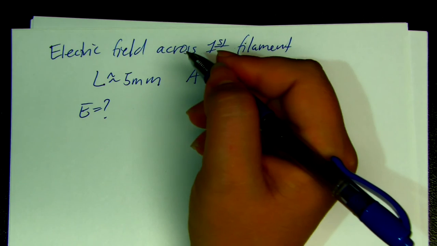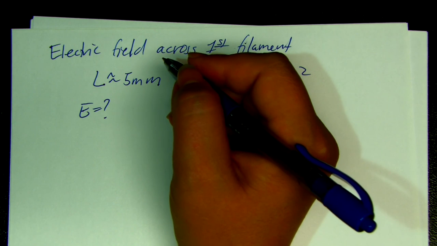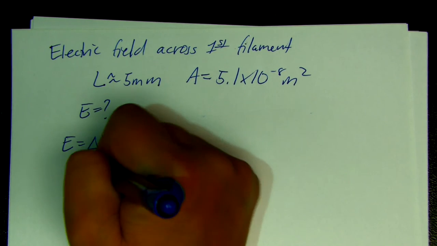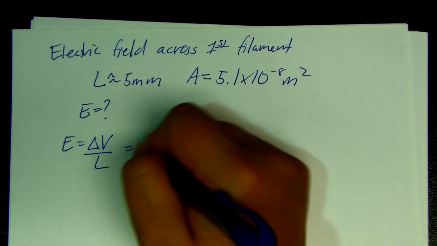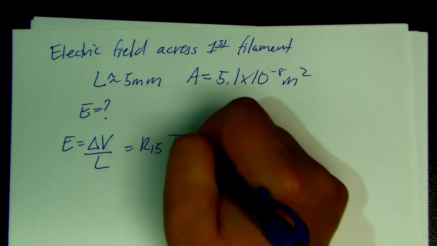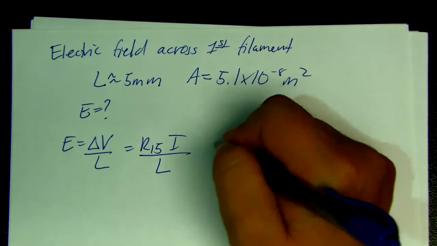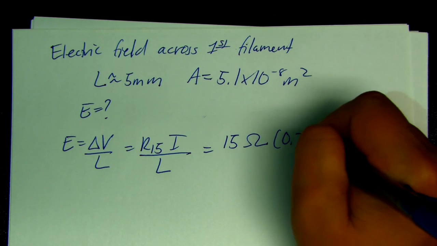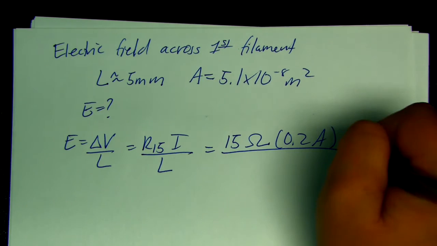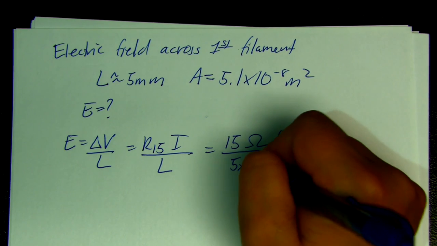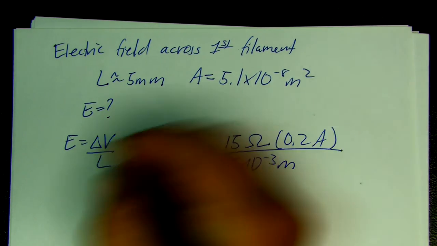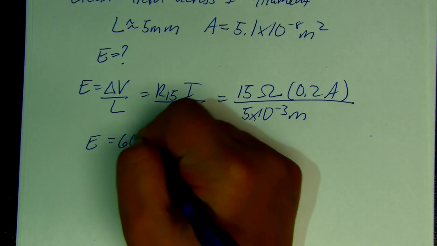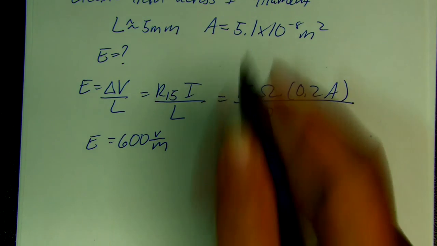So what is the electric field given these values? So E is equal to delta V over L, which is equal to R15 I over L, which is equal to 15 ohms times 0.2 amps divided by 5 times 10 to the minus 3 meters. And so the electric field is approximately 600 volts per meter.